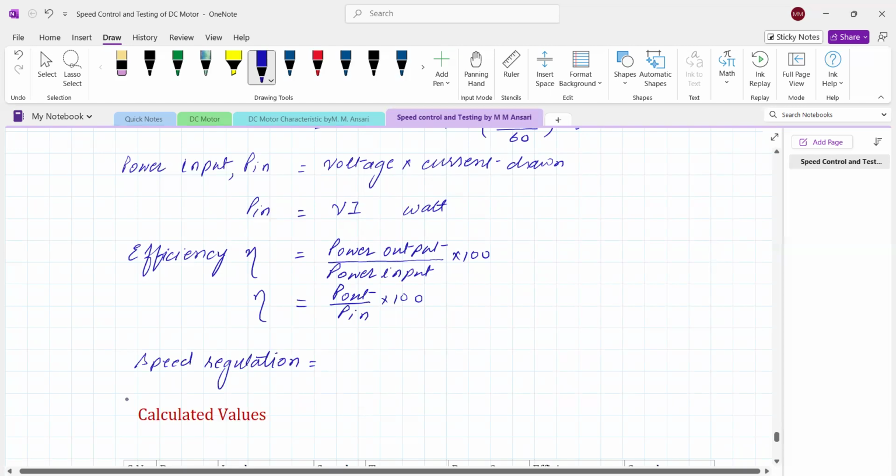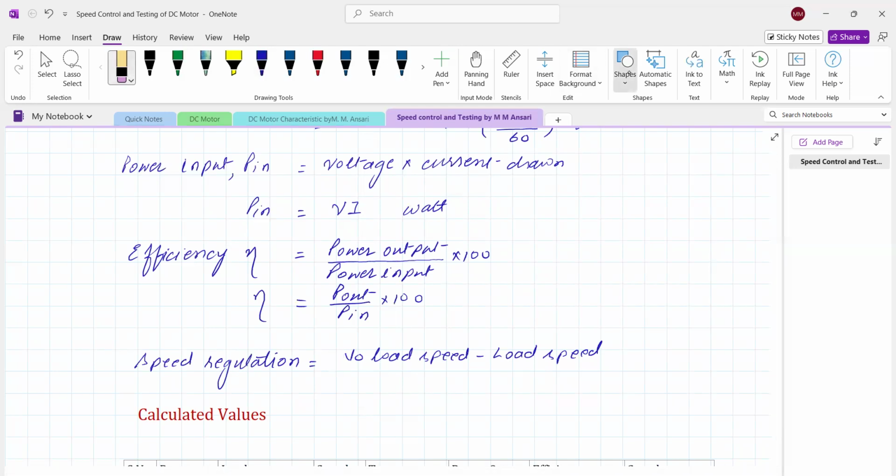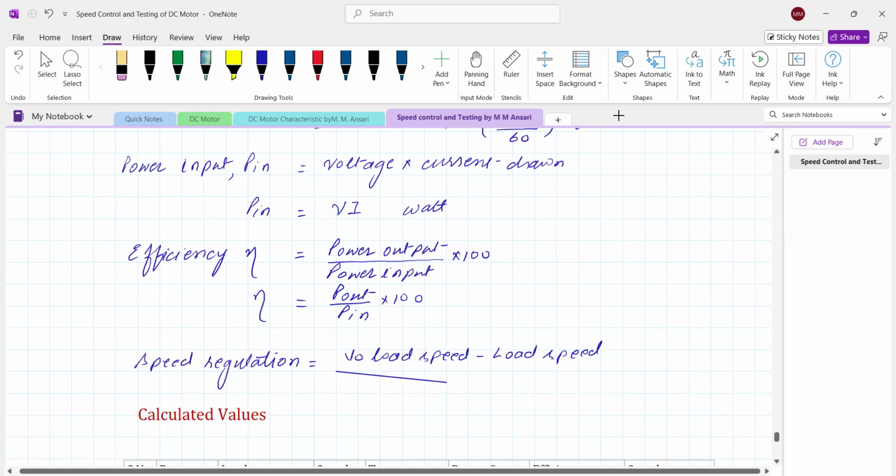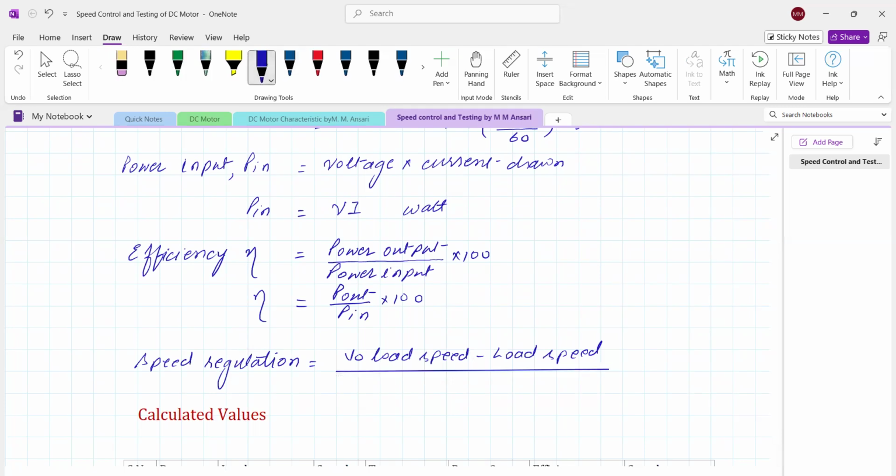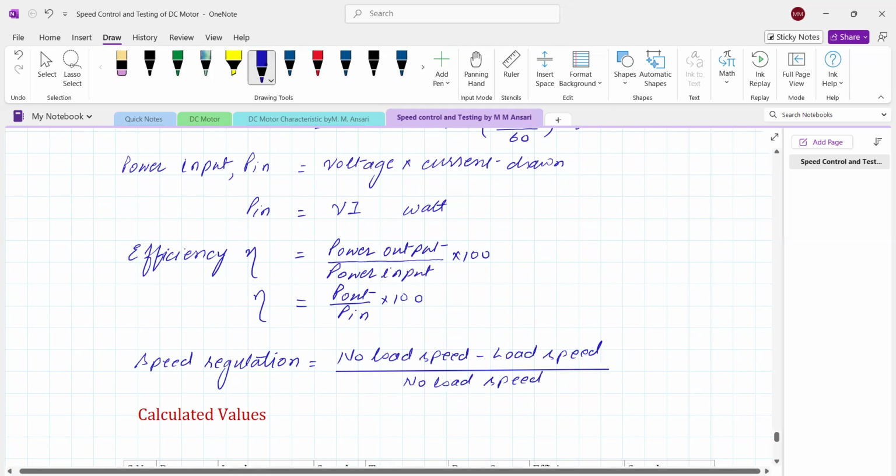Speed regulation is no load speed minus load speed, divided by no load speed, multiplied by 100.